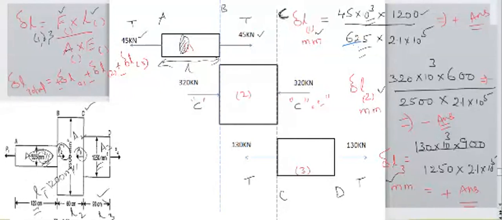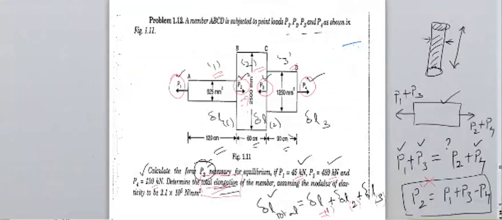And next, here in the problem, we need to take the Young's modulus. So the Young's modulus in the problem, he had given as 2.1 into 10 to the power of 5 Newton per mm square.